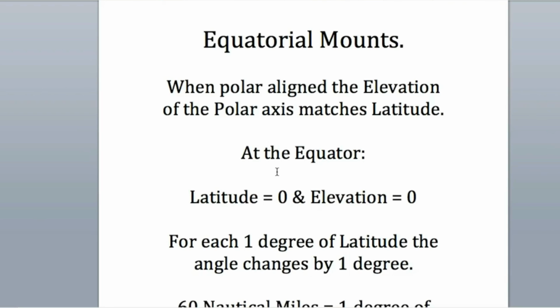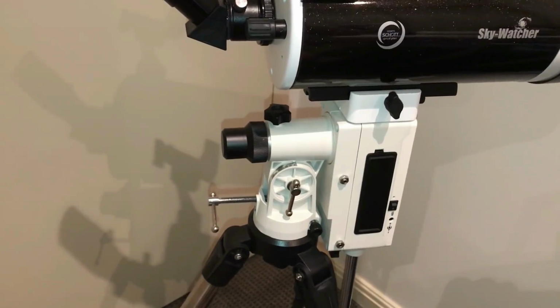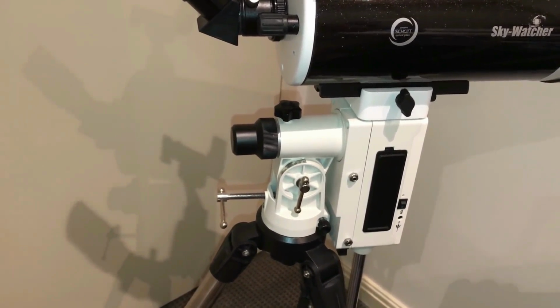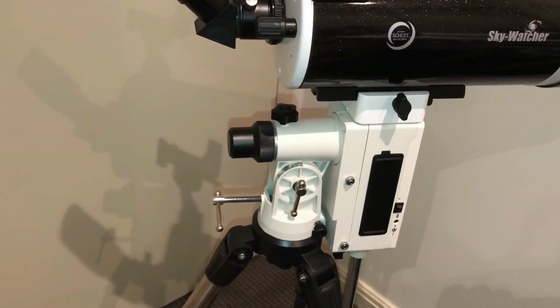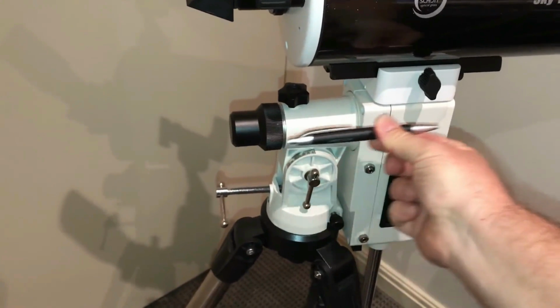For each 1 degree of latitude change, the angle of the equatorial mount also changes by 1 degree. So looking at a real equatorial mount, this one is set up as it would be if it were located on the equator, which is 0 degrees latitude, and therefore we have 0 degrees elevation on the polar aligned axis, which is horizontal.